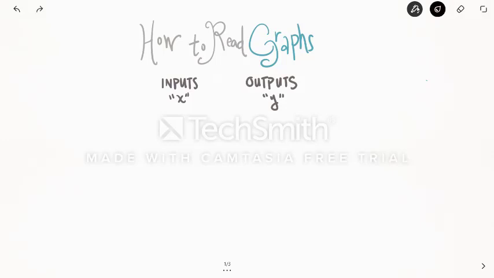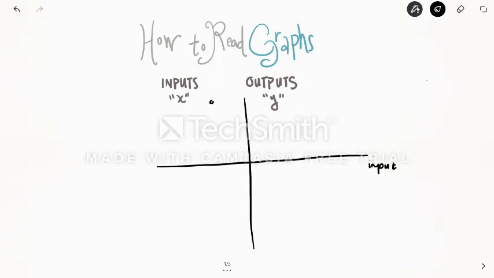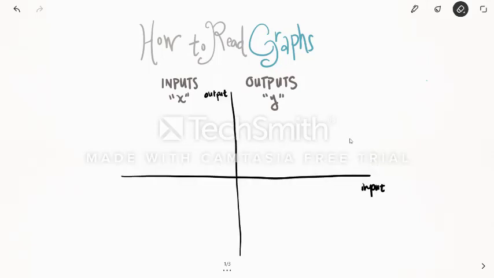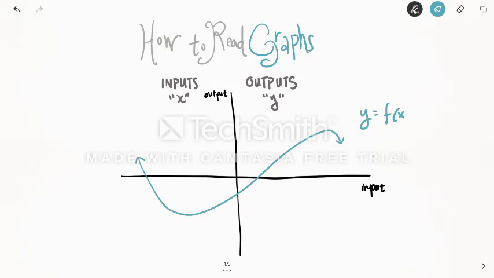The input values are usually found along the horizontal axis, so this is the input axis, and the output values are usually along the vertical. So when we're analyzing graphs, which maybe we have a function that looks like this, and let's call that y equals f of x.